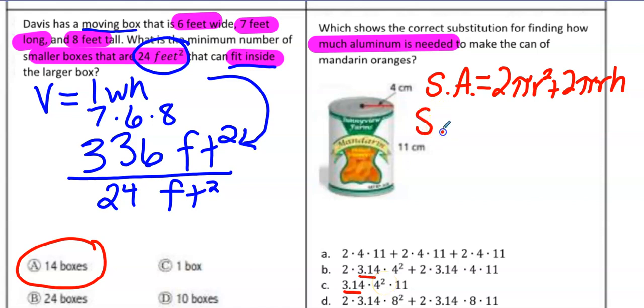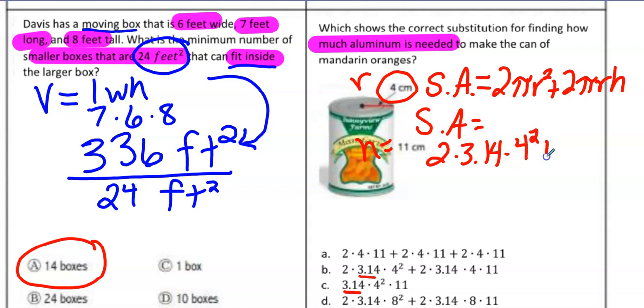So I'm going to say surface area is equal to 2 times 3.14 times 4 squared, because 4 is our radius, plus 2 times 3.14 times radius, which is 4, times height, which is 11.